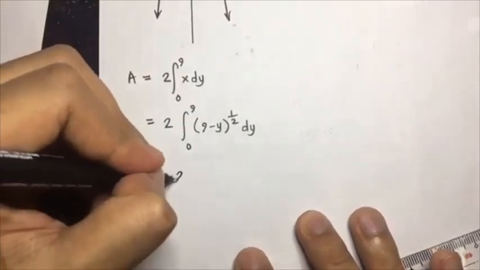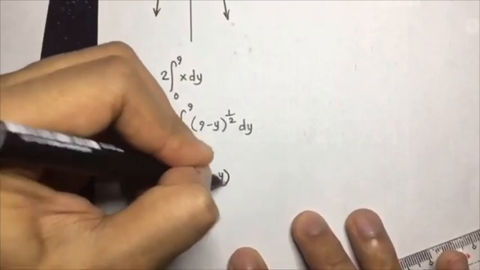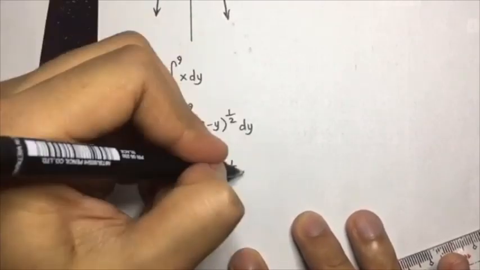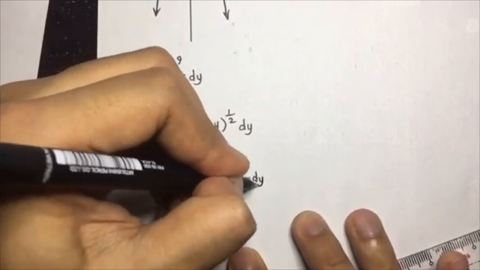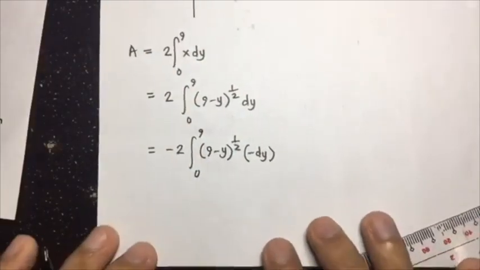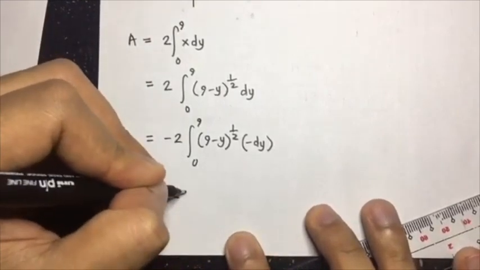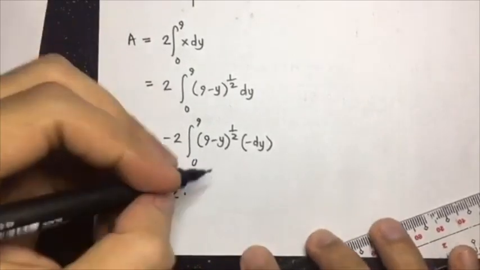So it will become negative 2 integral of 9 minus y raised to 1/2 times negative dy from 0 to 9.